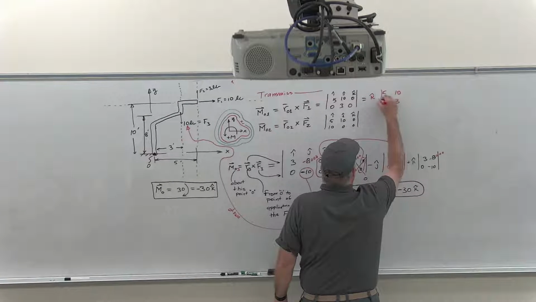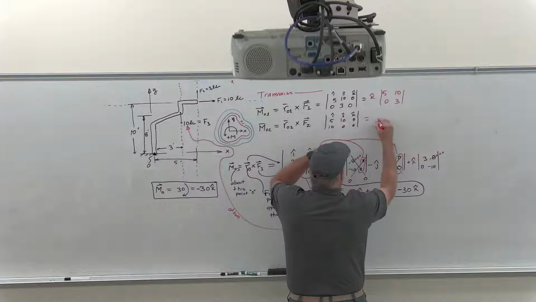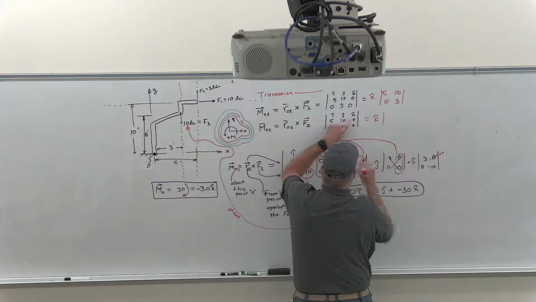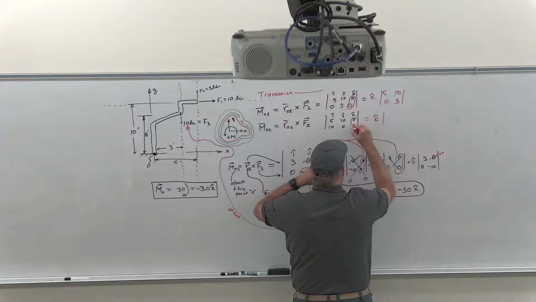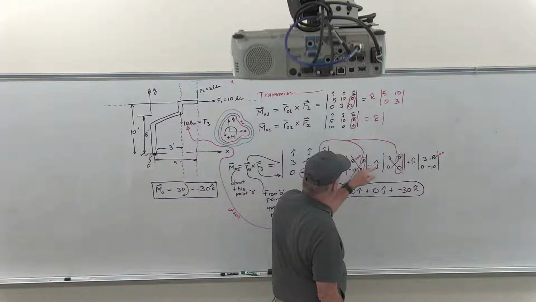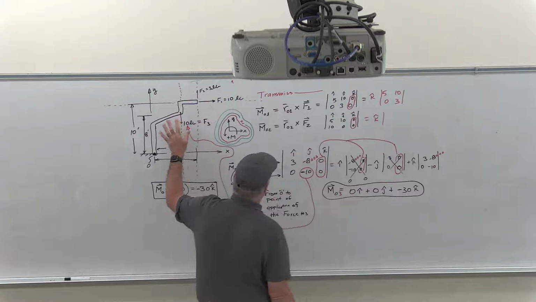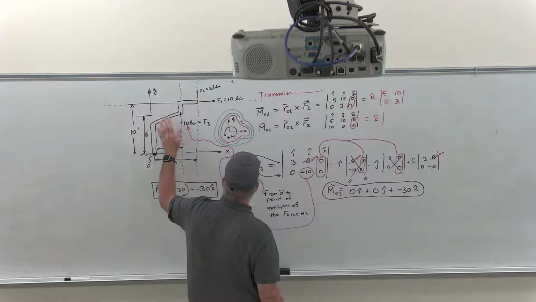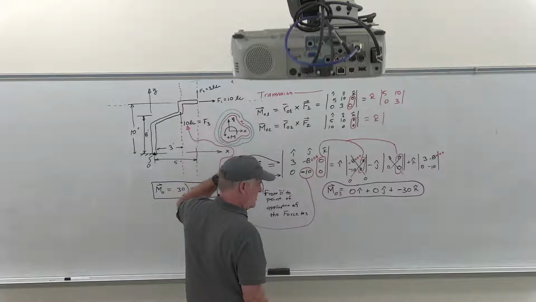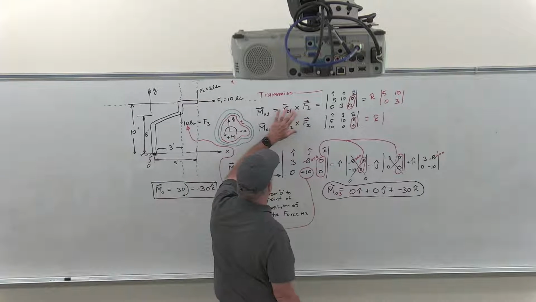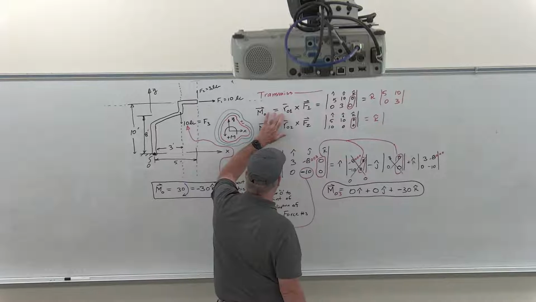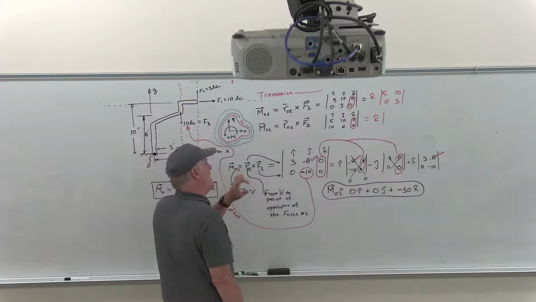0 and 3. You can do the same thing here, and the reason being is because these 2 numbers kill off the I and the J component, because it's in a plane, and neither the force nor the vector has a Z component.